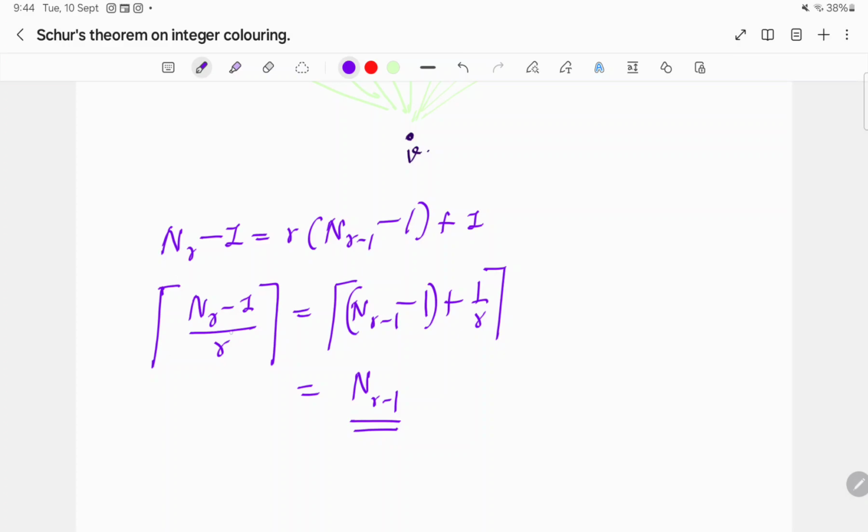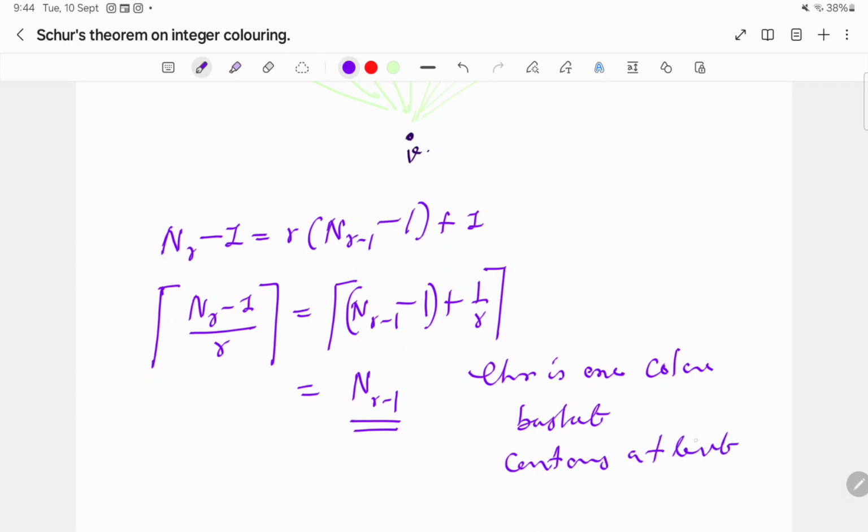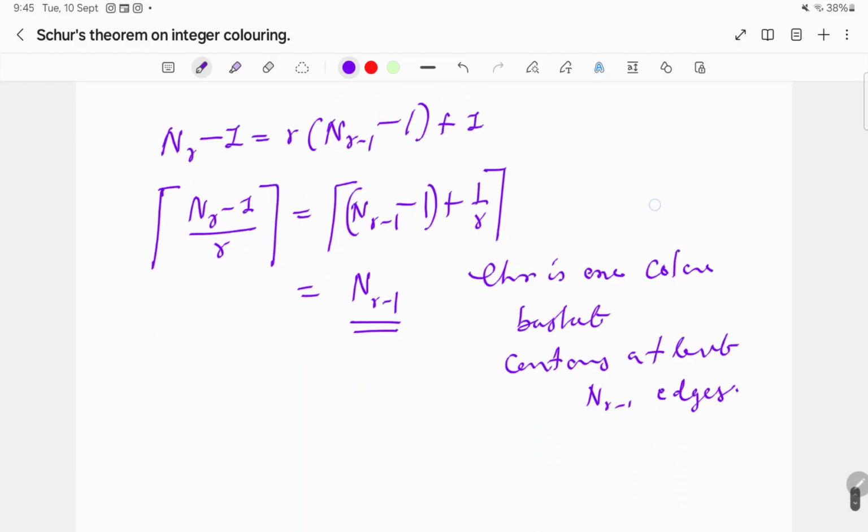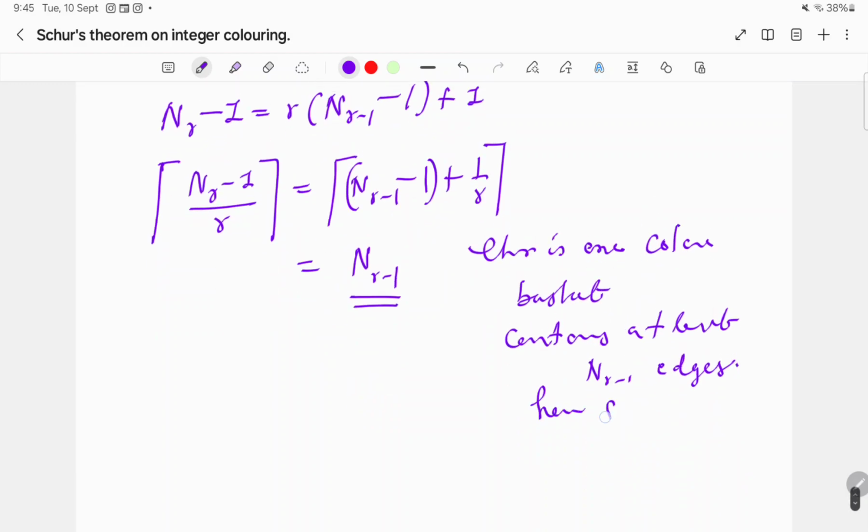Why do I calculate this? I calculate this because there is one color basket which contains at least N_{R-1} plus 1 edges having the same color, like a color basket, right? That means they all have the same color.